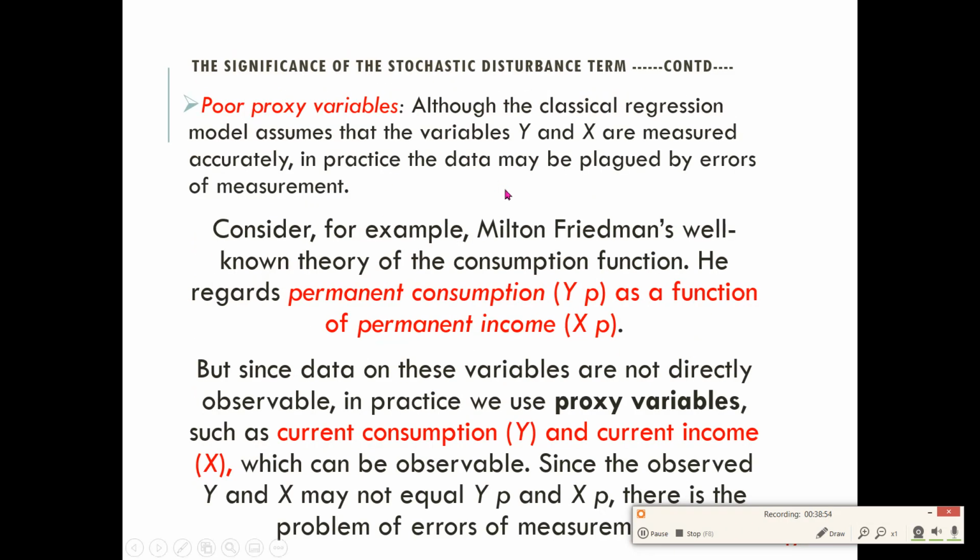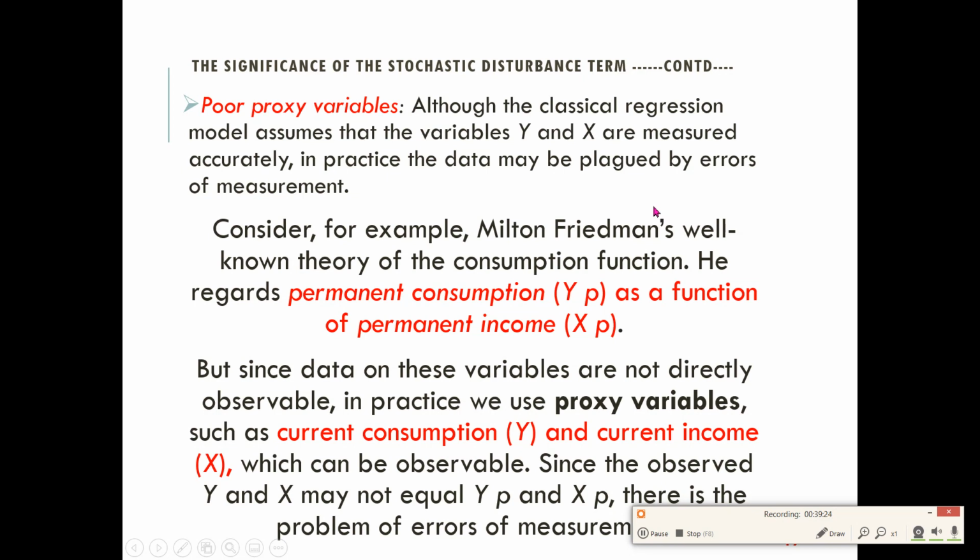Another factor may be that sometimes we don't have data on some variable and we try to proxy it, and the fact that we are not using the actual variables but proxy variables also introduces a sort of inaccuracy or random error in the model. For example, Friedman's theory of consumption function.